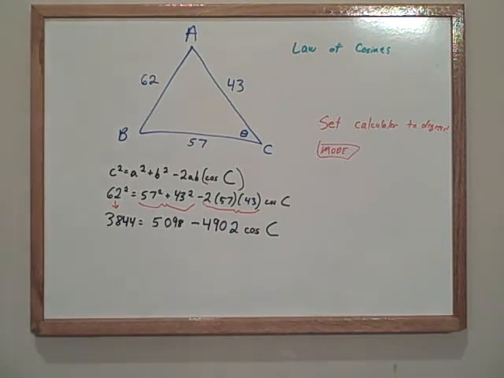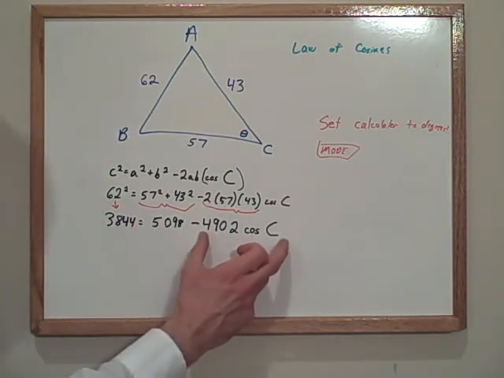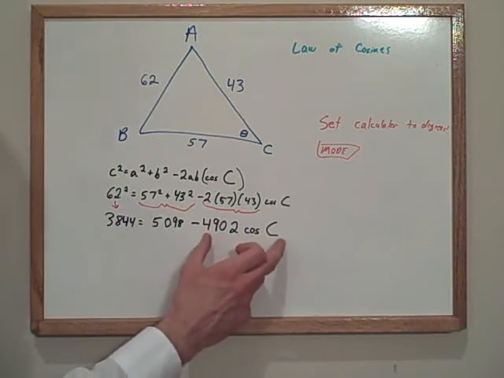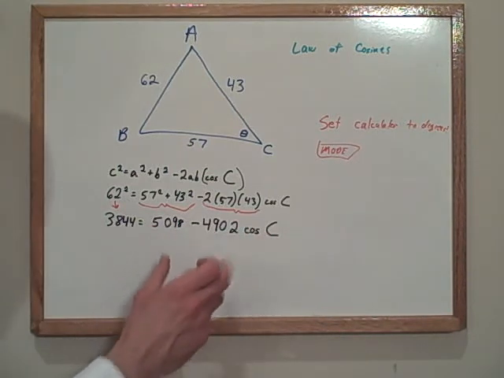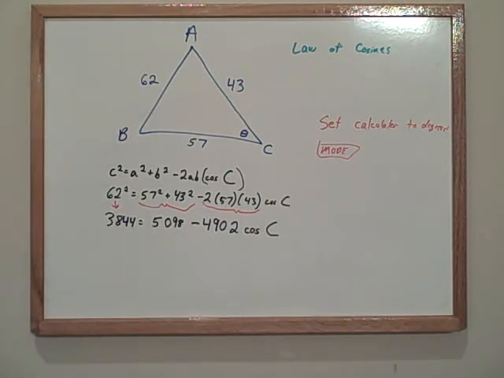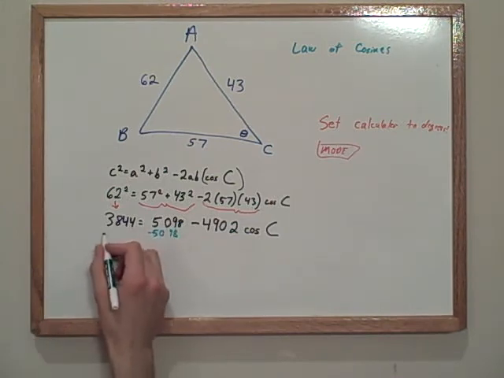Okay, where do we go from here? Well, we're looking for C. And let me state something that I'd like to think is obvious. It looks like you should be able to subtract those, but you cannot. This is one term. This guy has a cosine C and this guy does not. They do not go together. They're not like terms. What we're going to do instead is subtract. So we're going to subtract 5,098 here.